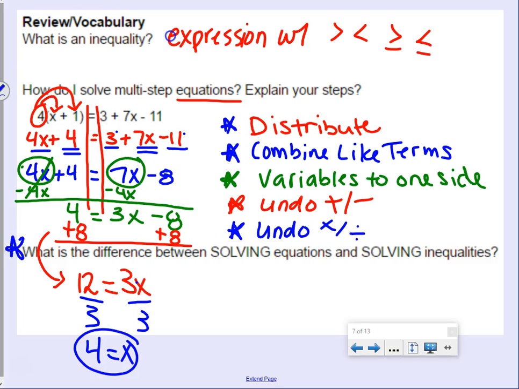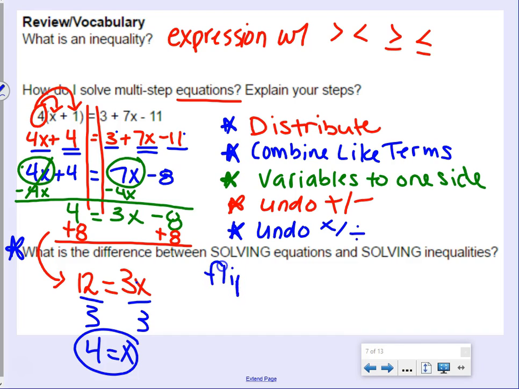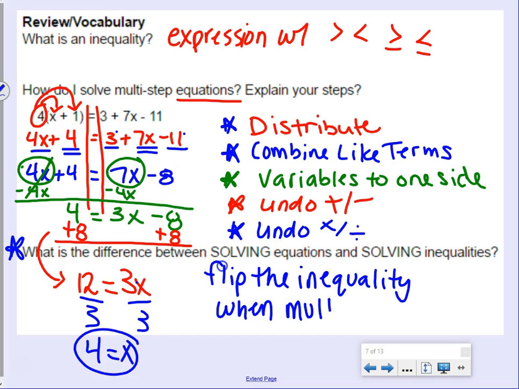This last question here, what is the difference between solving equations and solving inequalities? Remember, we talked about this last time, but the one difference is you have to flip the inequality when multiplying or dividing by a negative.